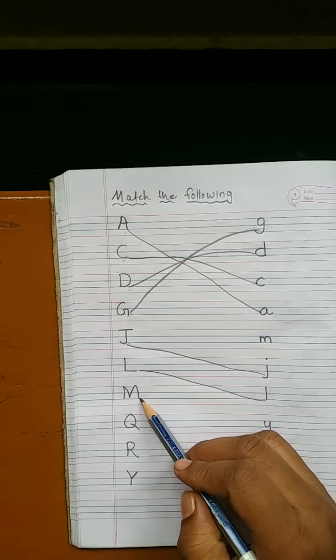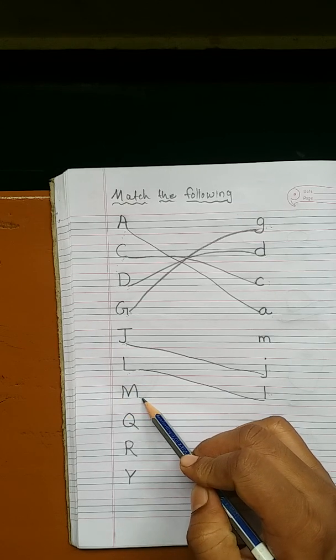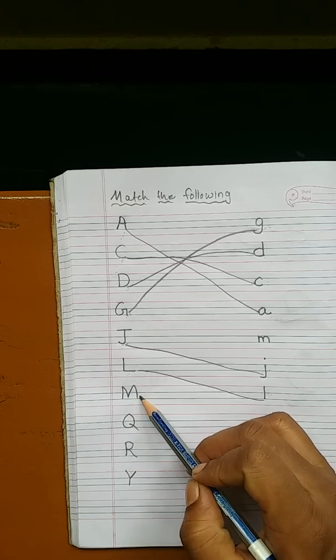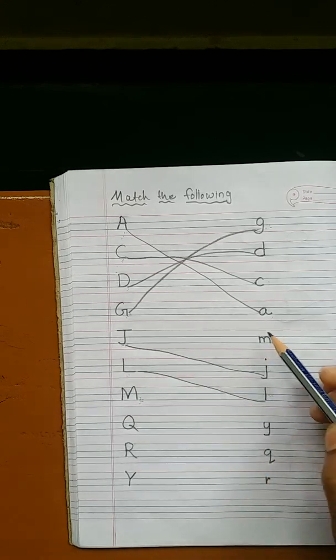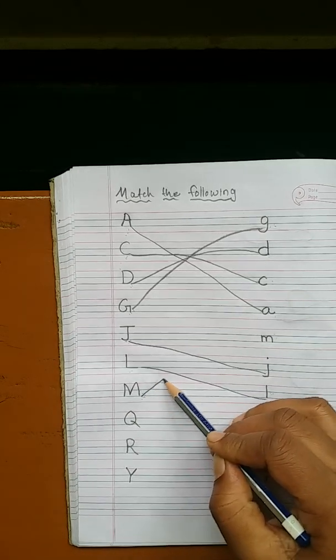Very good. Now see, what letter is this, children? This is capital letter M and this is small letter m. Here we have to draw a line.